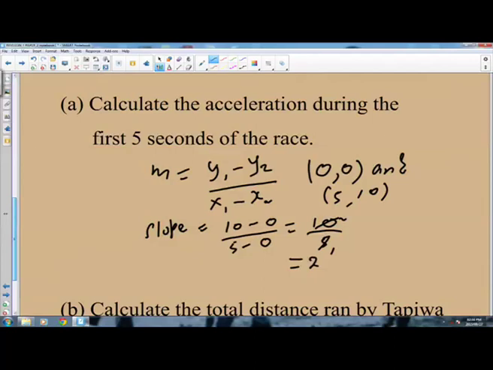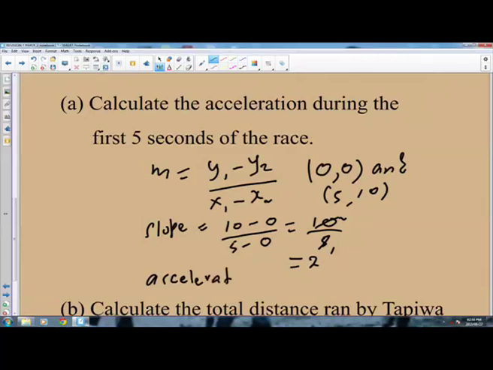The question says you are to calculate acceleration, so the acceleration is equal to 2 meters per second squared.